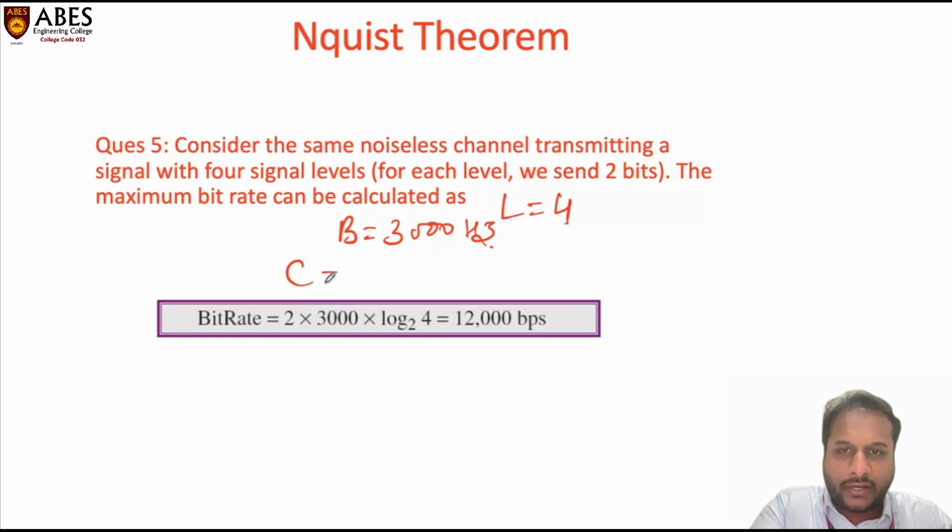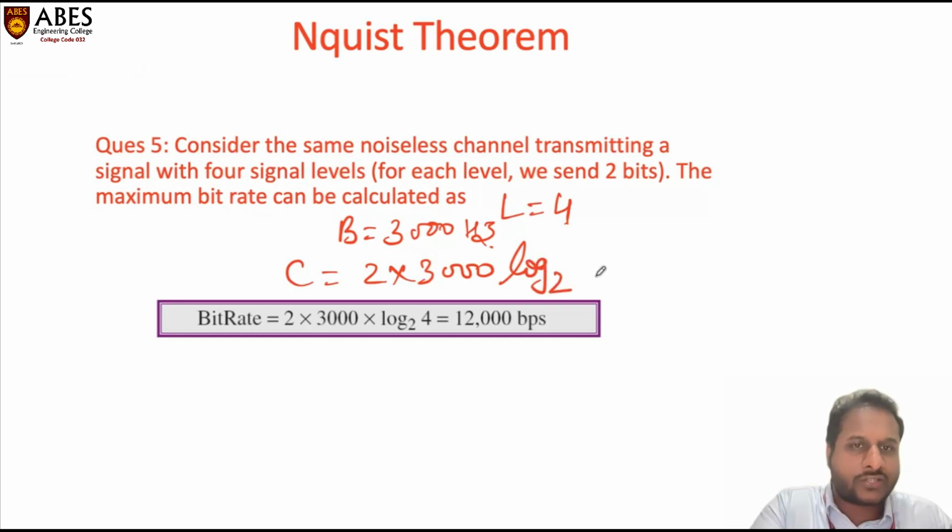So capacity will be 2 into bandwidth, which is 3000, into log base 2 of 4. If we solve it, we will get 12,000 bits per second. That is the answer.